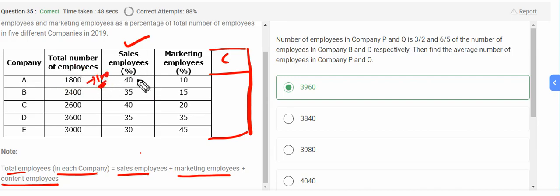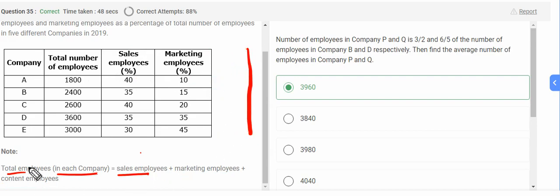So out of 100%, 40% goes to sales, 10% is for marketing, so the rest, 50%, will be for content. Similarly we have to apply the same logic for the rest of the companies to find the number of employees. So let's first find all the data, then we'll move on to solving all the 5 questions related to this DI.